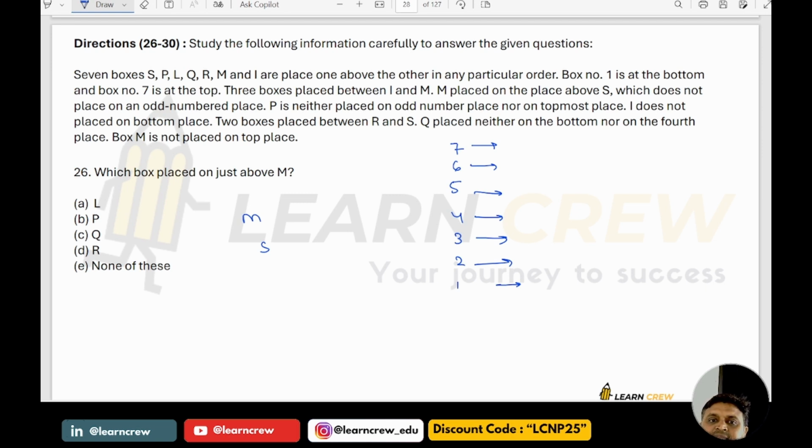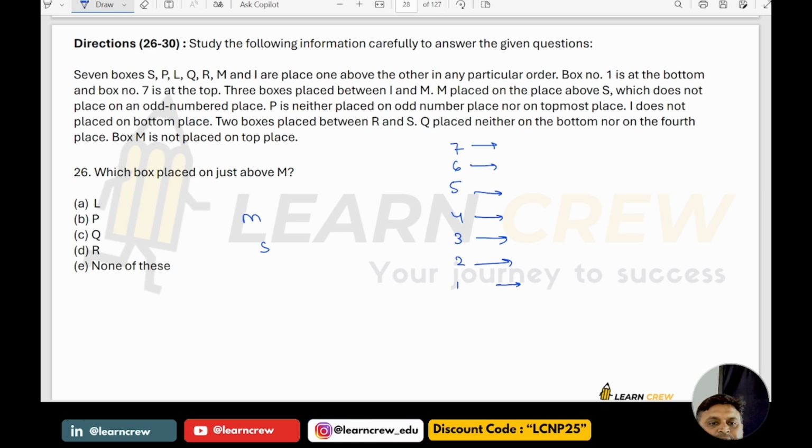P is neither placed on an odd numbered place nor the topmost place. I is not placed at the bottom place. 2 boxes between R and S. Q is placed neither on the bottom nor the 4th place. Box M is not placed on the top place.